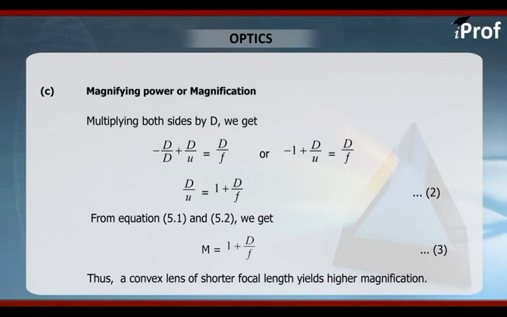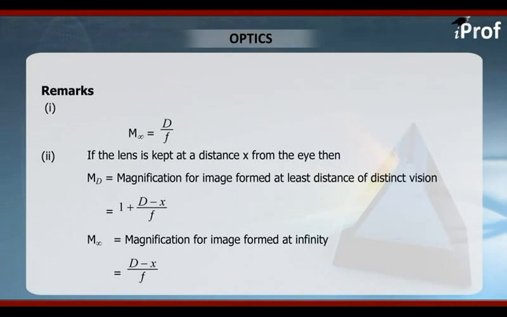Therefore a convex lens of shorter focal length yields higher magnification. Now we can have two specific cases. When the final image is formed at infinity, then magnification is given by M_∞ is equal to D by f.